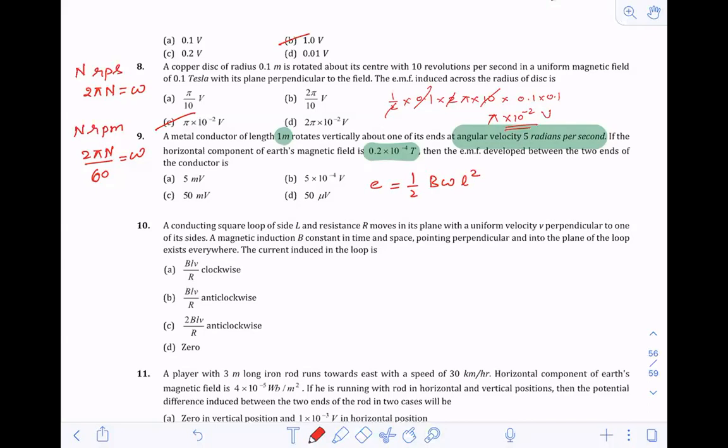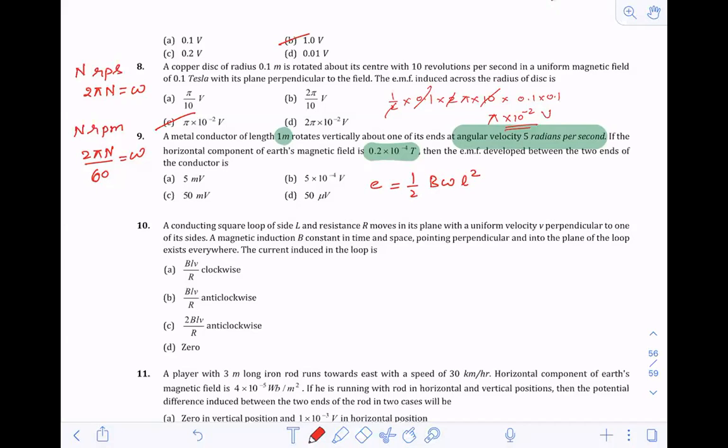Why are you people not answering the same? Some or the other people are having different options. That's why I have to solve every problem. What wrong have you done in this? Option A, option D, option C, option D. Anybody getting option B?